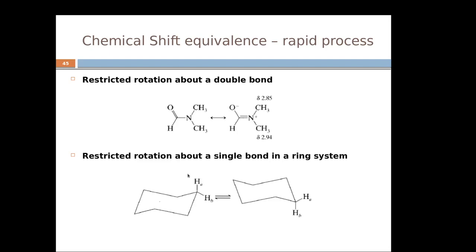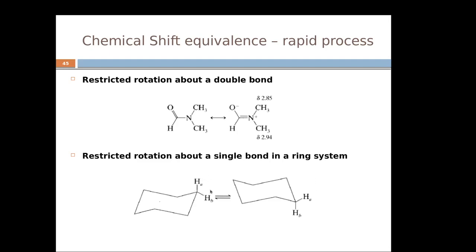So when the NMR spectrophotometer tries to get the peak corresponding to axial proton HA, since it gets rapidly converted into equatorial proton, the spectrophotometer is no longer able to resolve whether proton A is axial or equatorial.